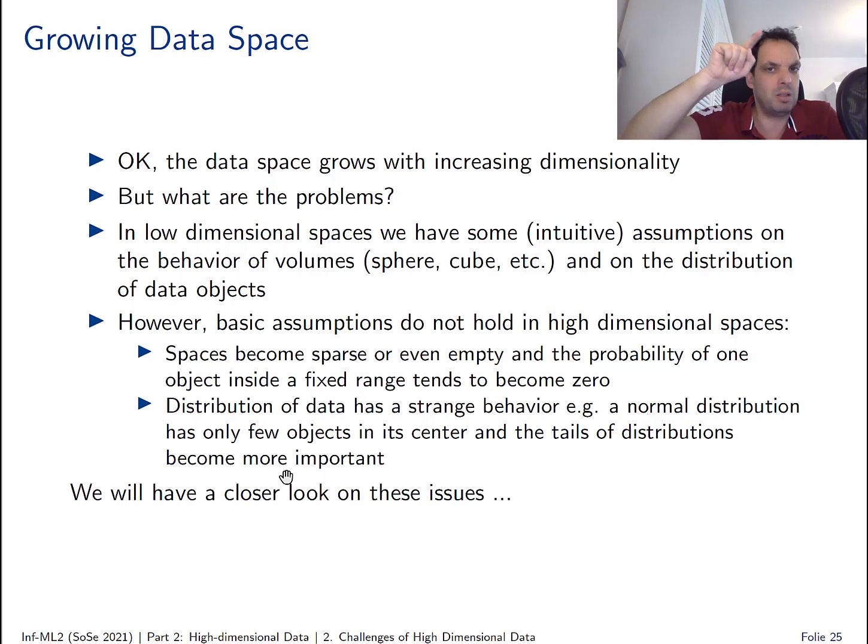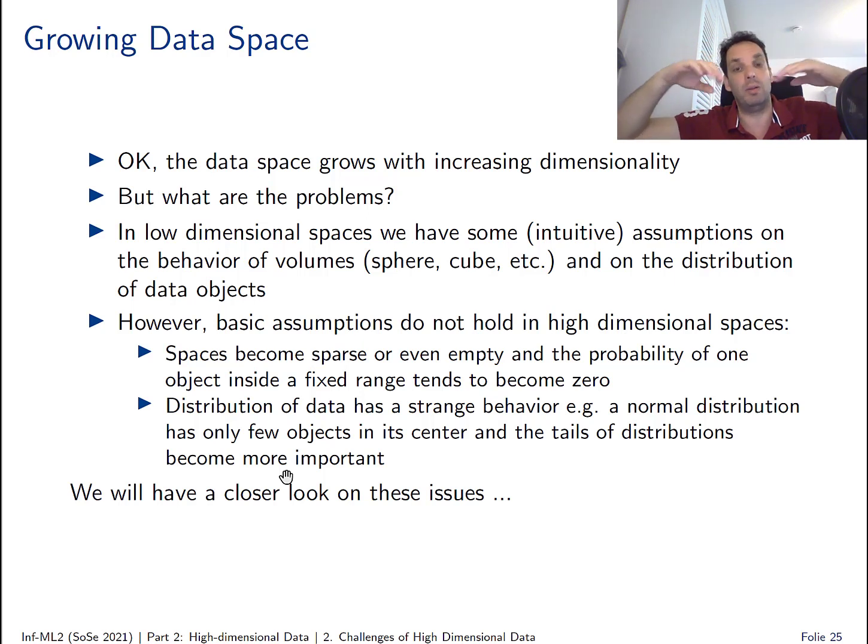We know this characteristic curve, so the highest probability to observe objects drawn from a Gaussian distribution is around the mean, which is typically the center of the distribution. Now, in high dimensional cases, we don't have these characteristic curves anymore, where the tails have the low probabilities, and the center around the mean has high probability.